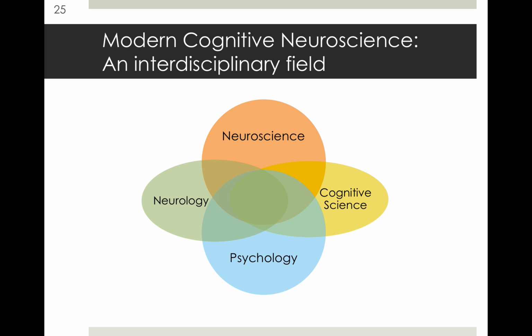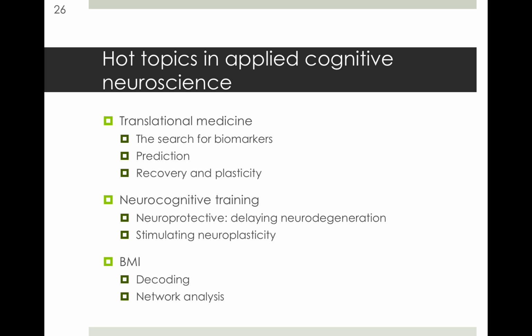And I think that the idea that things are interdisciplinary really isn't going to go away. There's a lot of interest right now in translational medicine and things like searching for biomarkers that might be predictive of disease.